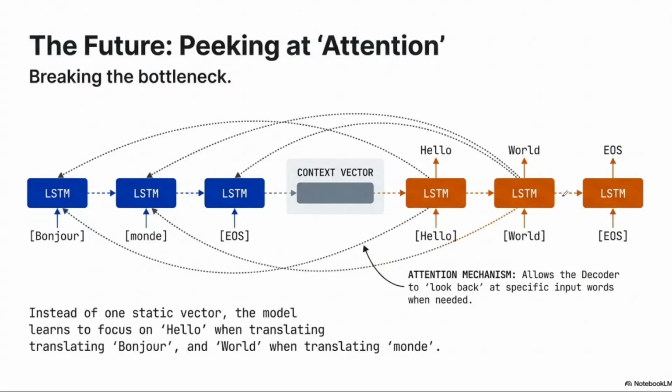This is where attention is introduced. In future sessions, we will discuss the attention mechanism, which solves this problem by allowing the decoder to look back at specific parts of the encoder, removing this bottleneck.